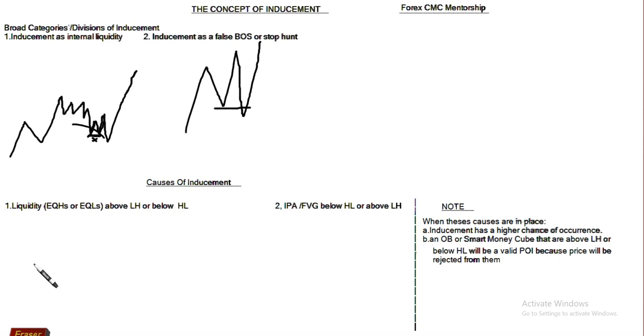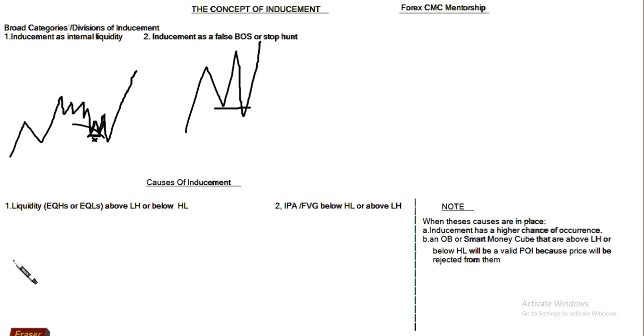The first cause of inducement, like I said, is liquidity. There are two things I found out that cause inducement, and they are also the two things that determine price movement: liquidity and imbalance.